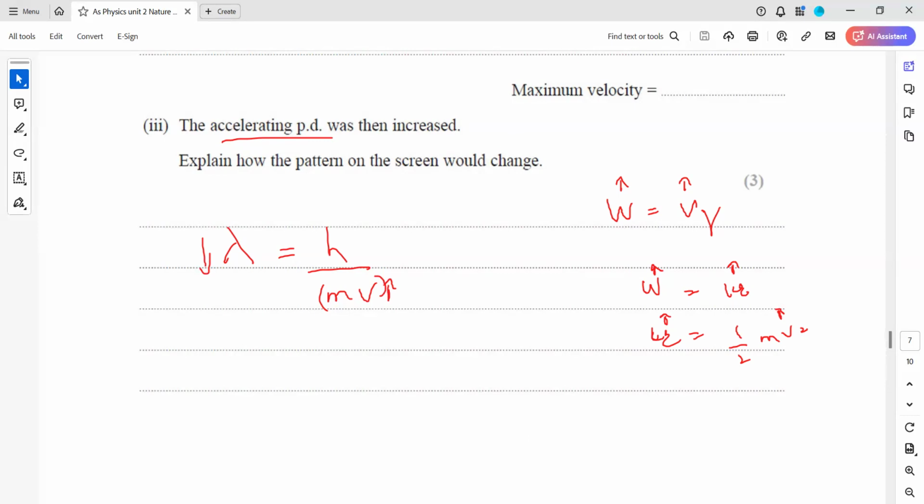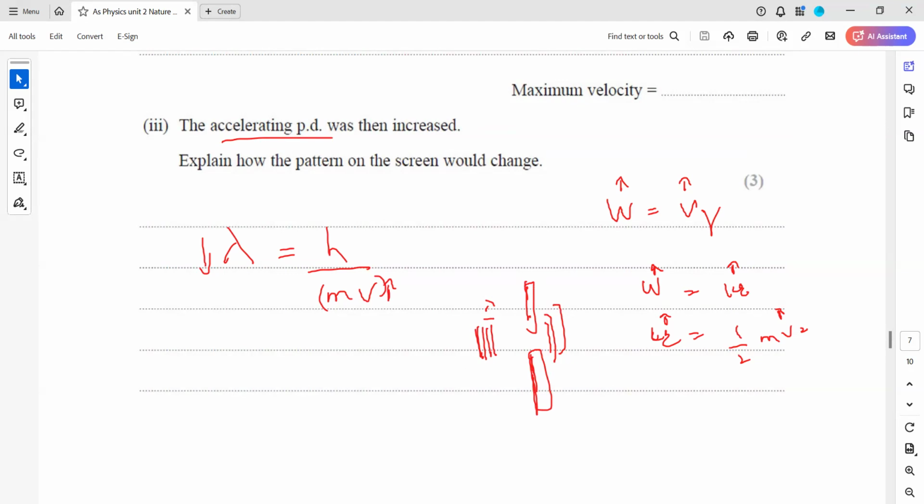And if the wavelength gets shorter, the diameter of these circles changes, because if you remember, this is a gap, and if the wavelength is decreasing, there will be less diffraction. As a result of smaller diffraction, what will happen?